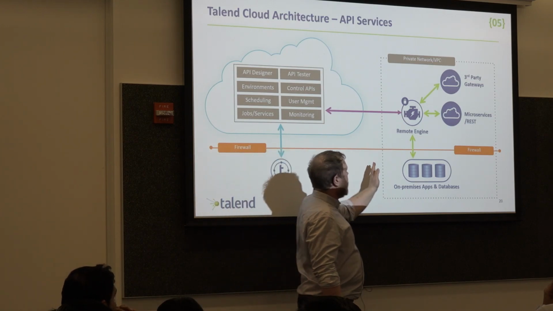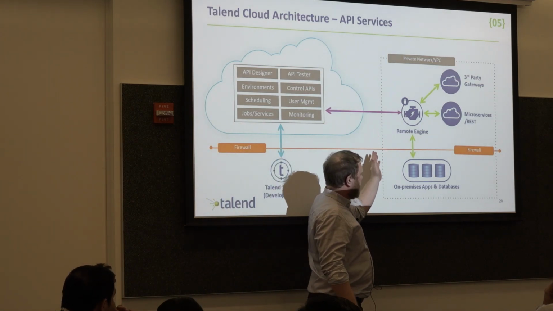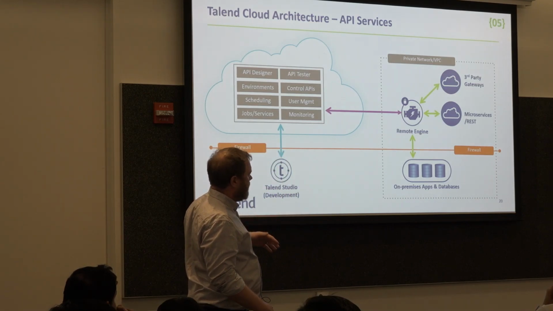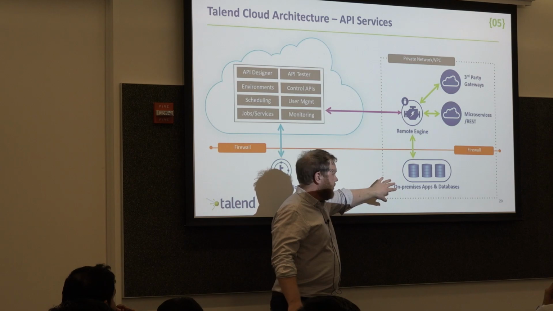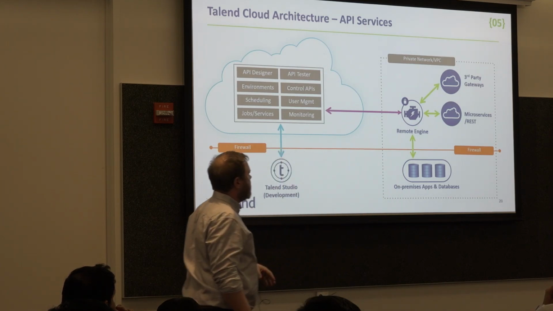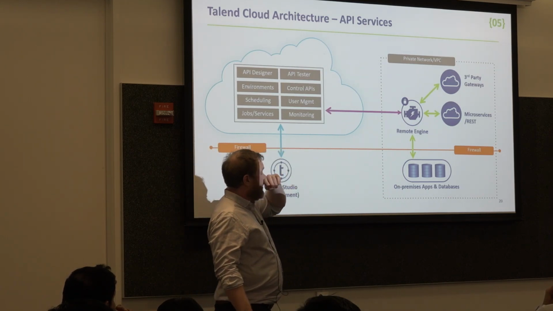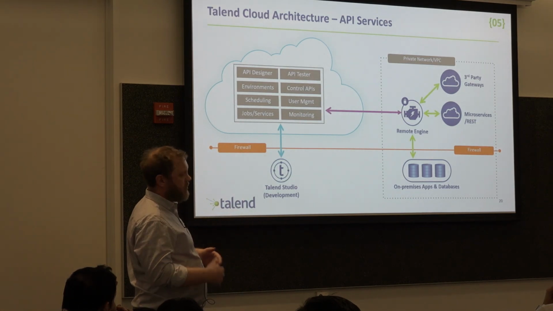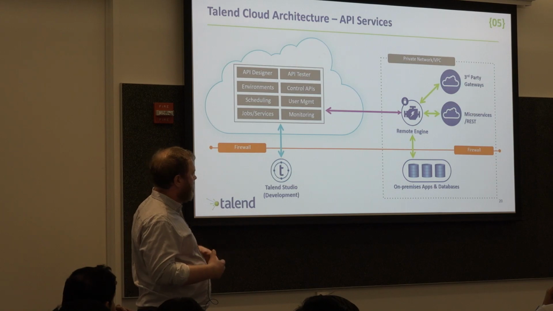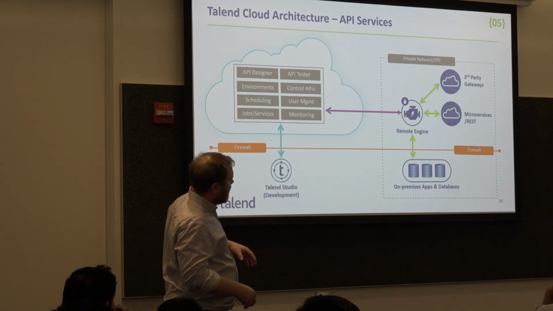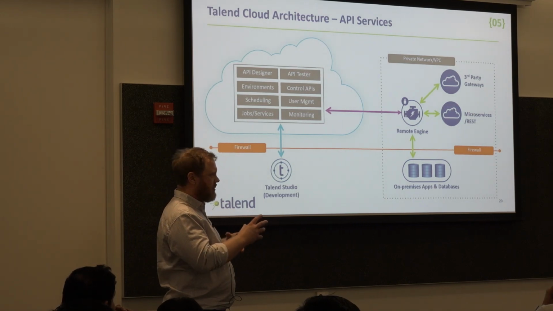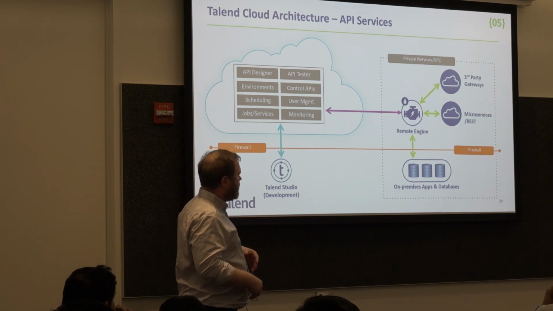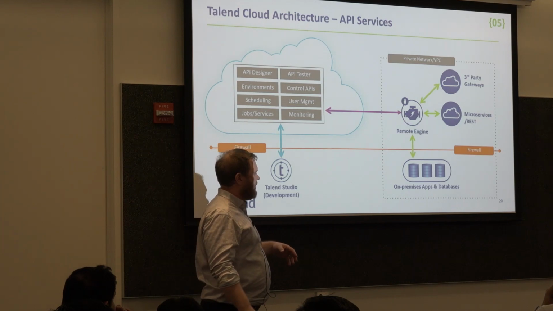This is showing a virtual private cloud, a VPC, on something like AWS, but it could be anywhere, right? You could be running this remote engine down on your firewall. The remote engine is secured to the cloud with a token exchange over an encrypted connection, just for the purpose of monitoring and sending logs back. And it gives you the convenience of being able to place the engine wherever you need it in a secure way, without worrying about having to open up ports or anything like that.